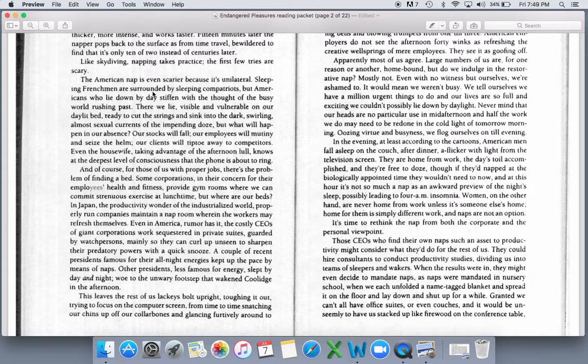Just starting with the paragraph where she makes the claim about Americans being scared of naps. She goes on to say, in an example that she creates a scene, there we lie, visible and vulnerable on our daylit bed, ready to cut the strings and sink into the dark, swirling, almost sexual currents of the impending doze.